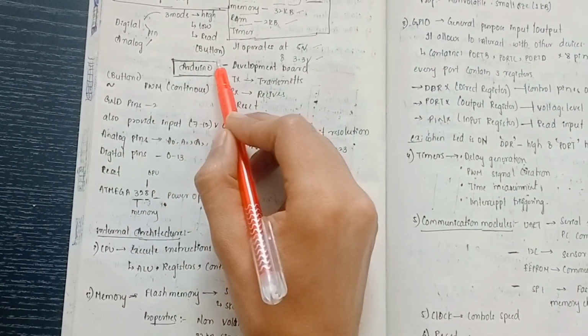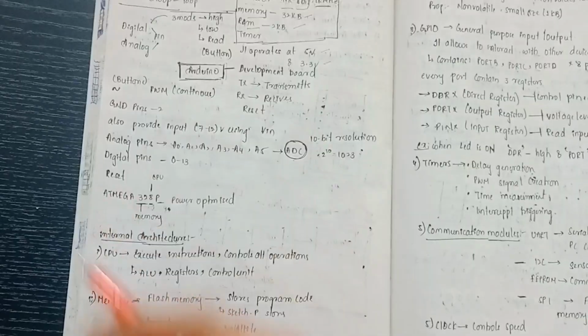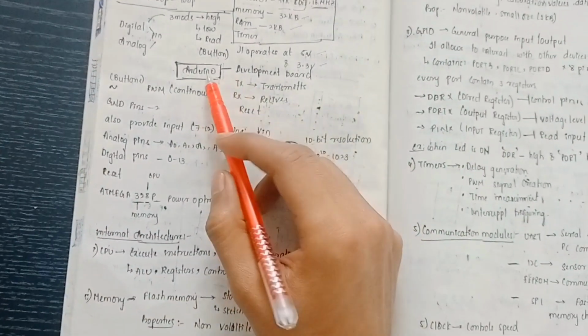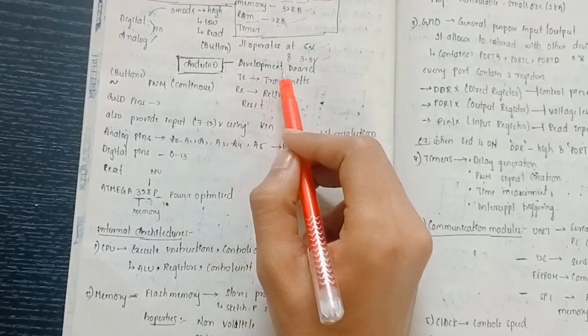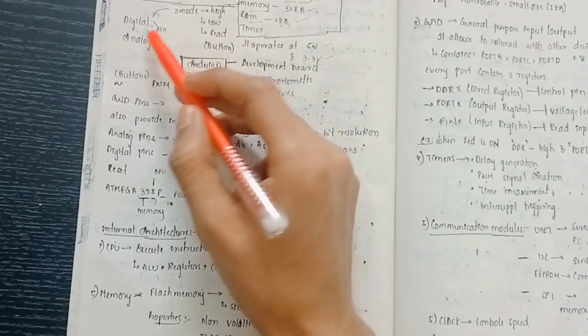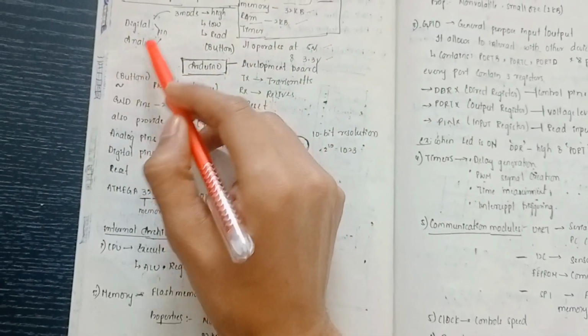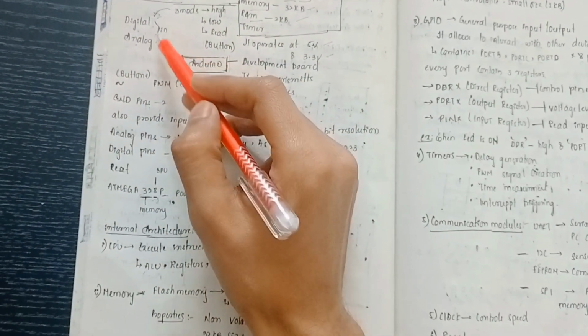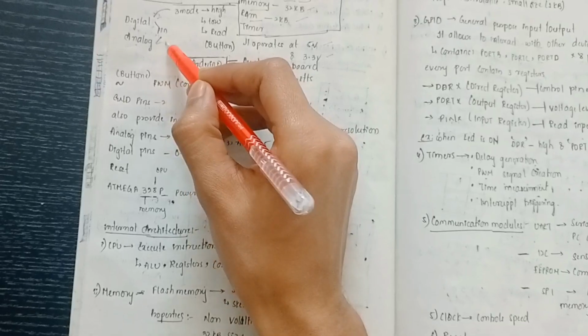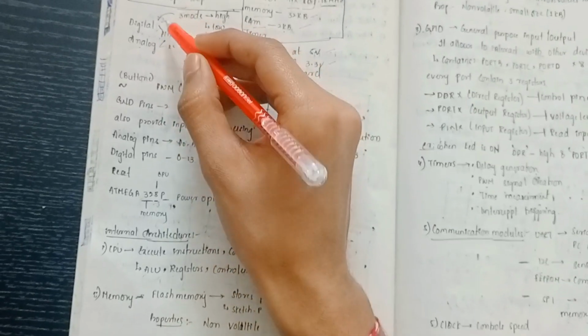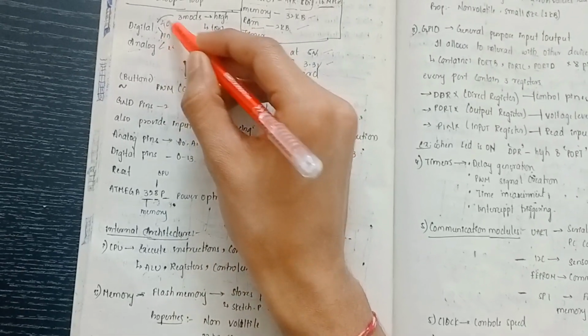Generally, people assume that Arduino is a microcontroller, but that's wrong. Arduino is a development board which has multiple pins, mainly analog and digital pins. Analog pins are around 5 and digital pins are 16 pins.